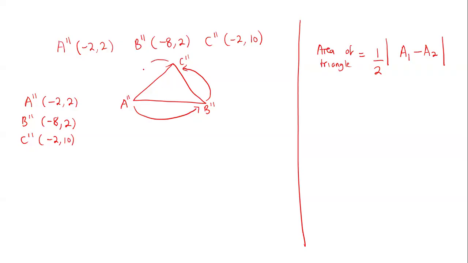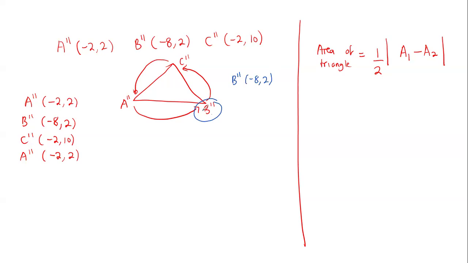Then I close my triangle at the point where I started from, so I write A double prime again, negative 2 and 2. It does not matter. Another person can decide to start from B. It is also okay. When you start with B, you write B double prime as negative 8, 2.